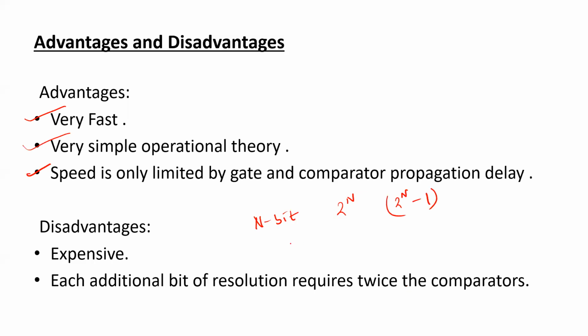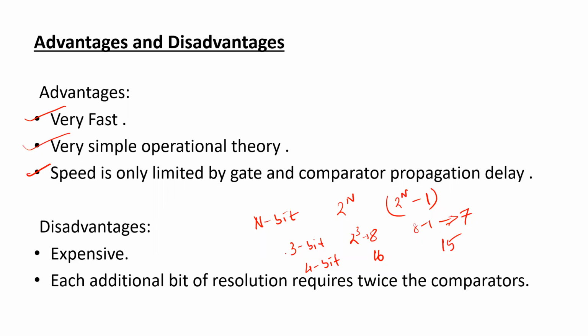So suppose for 3 bits you require 2 to the power 3, or 8 resistors, and 8 minus 1, that is a total of 7 comparators. Now if you want to increase the resolution of the digital output, you want to increase the number of bits. So if you consider 4 bits, then you would require 16 resistors and 15 comparators.